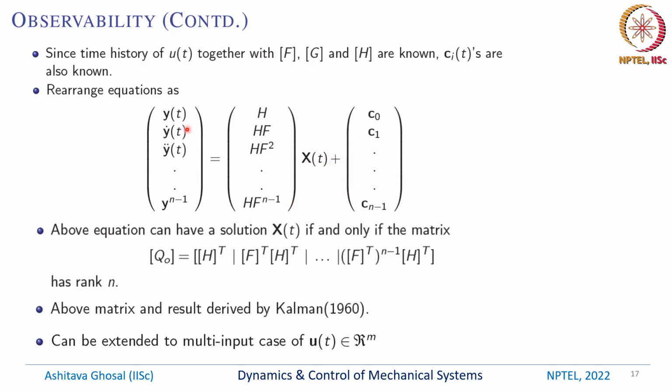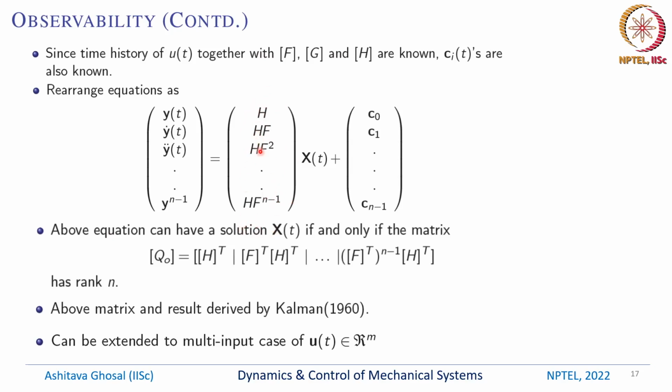So this is like an expression which is y equals some matrix times x of t plus some constant. So this above equation can only have a solution if and only if this matrix here, h, hf, hf square, all the way to h f to the power n minus 1, is full rank.